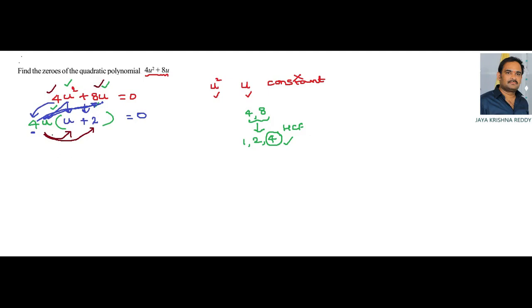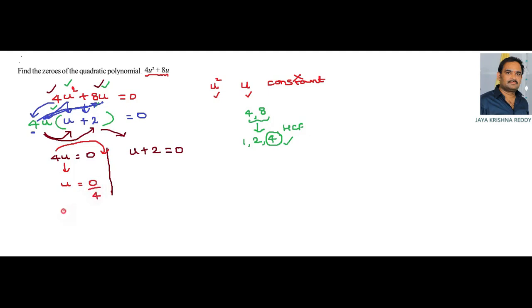Now the product of 4u and (u plus 2) is 0, means the term 4u equal to 0, and the second term u plus 2 equals to 0. So here, to find the value of u, 4u equal to 0, you have to transport this 4 to the right side, and on the left side 4 is multiplying the variable u, so it should divide on the right hand side.